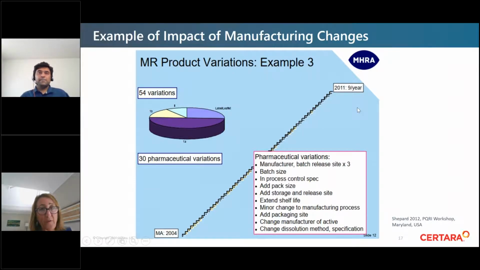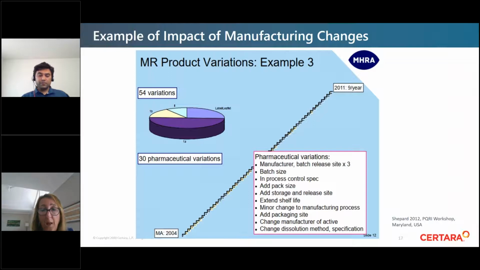Of those 54 manufacturing changes that were filed with the agency, 30 are considered variations that could either require a clinical study or a rationale as to why there need not be a clinical study or analysis done because it's not going to affect the product performance.